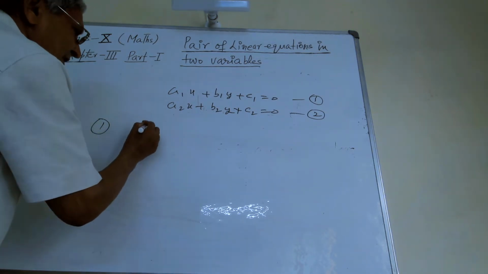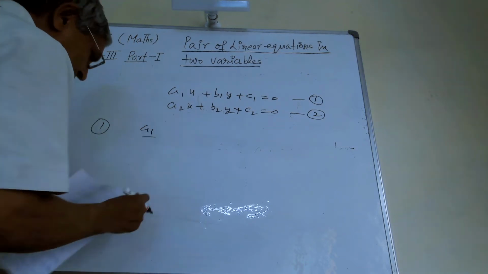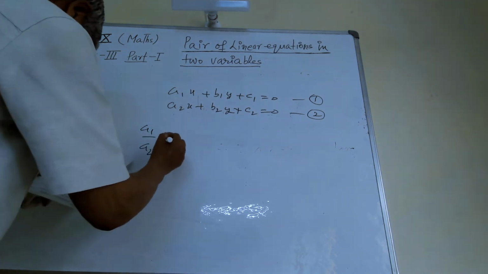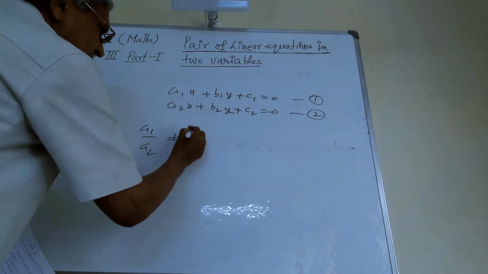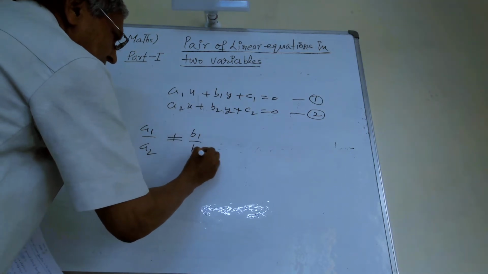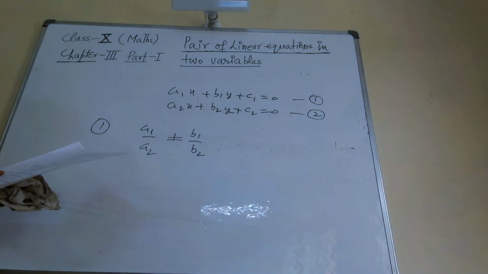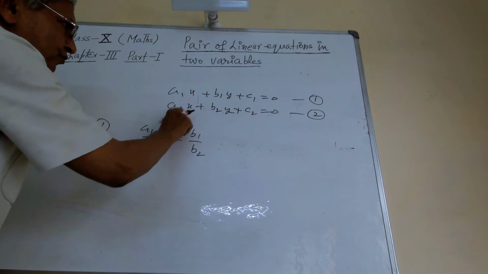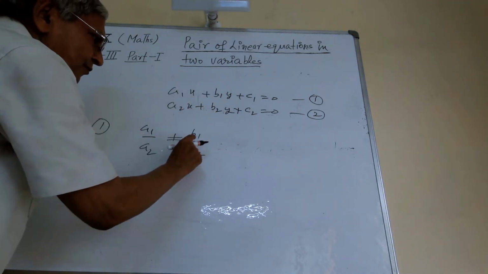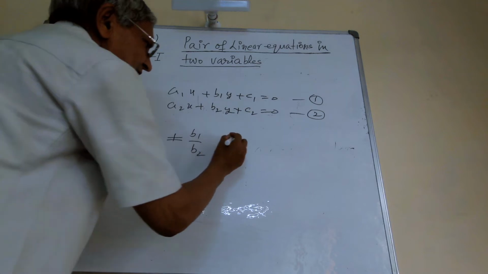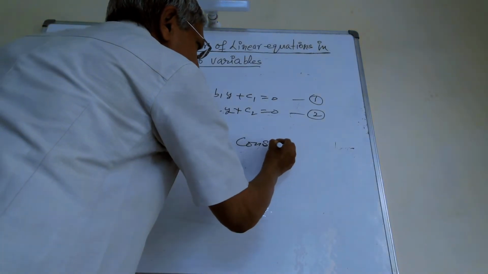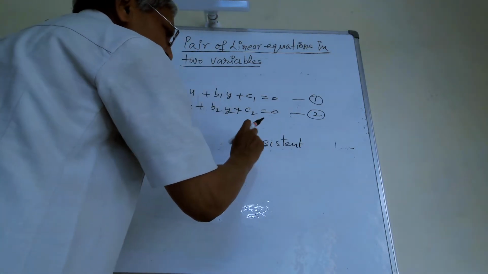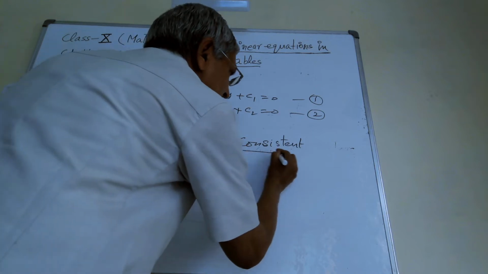first condition is this: when a1 upon a2 is not equal to b1 upon b2, then the linear pair of equations in two variables is consistent.